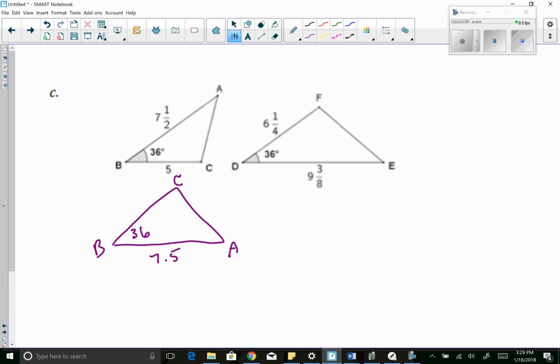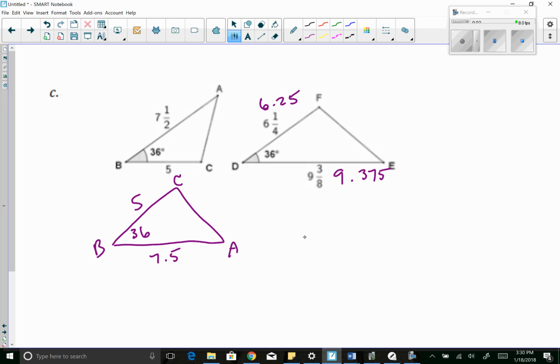I like decimals better here, actually. BC is 5. I'm going to make this 6.25. And 9 3/8, I'm going to make 9.375.